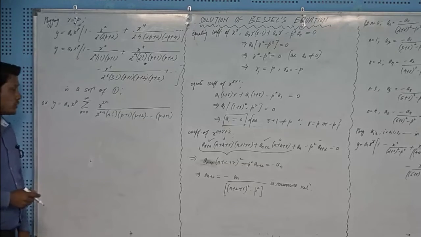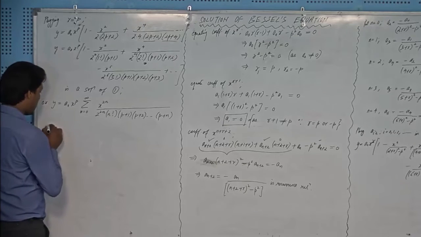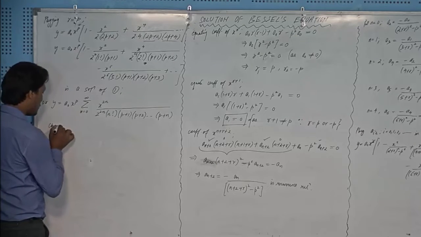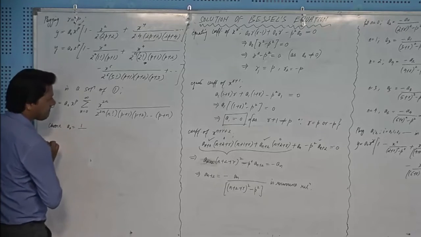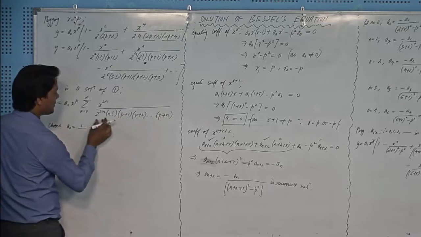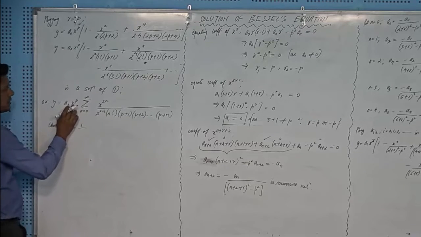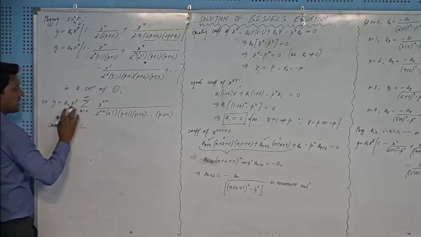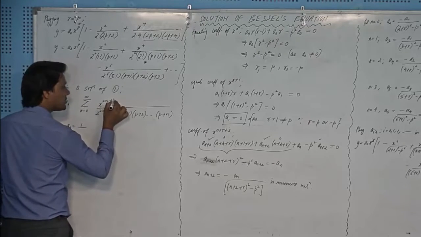And now comes the twisting point. You have to choose this a naught in such a way that a naught equals 1 over p plus n, this is 2 to the power 2n, and this x to the power p can be added here, so this will become 2n plus p.